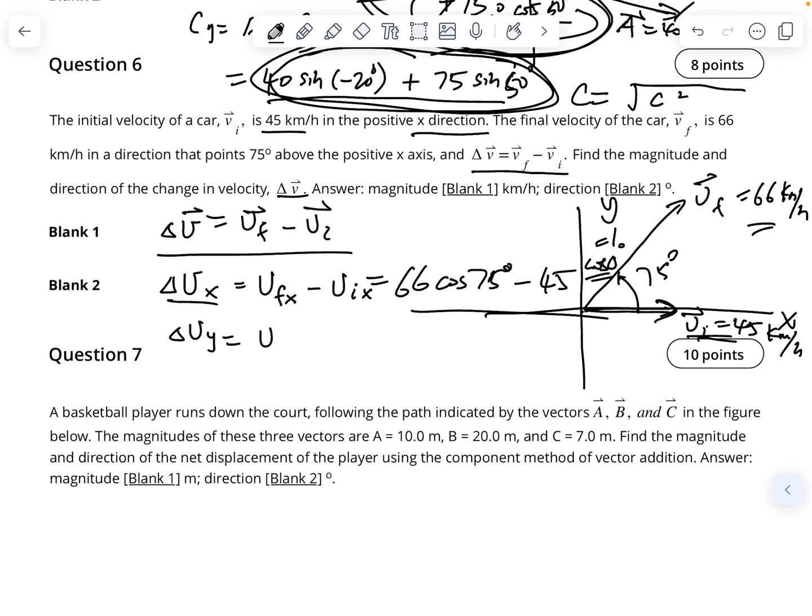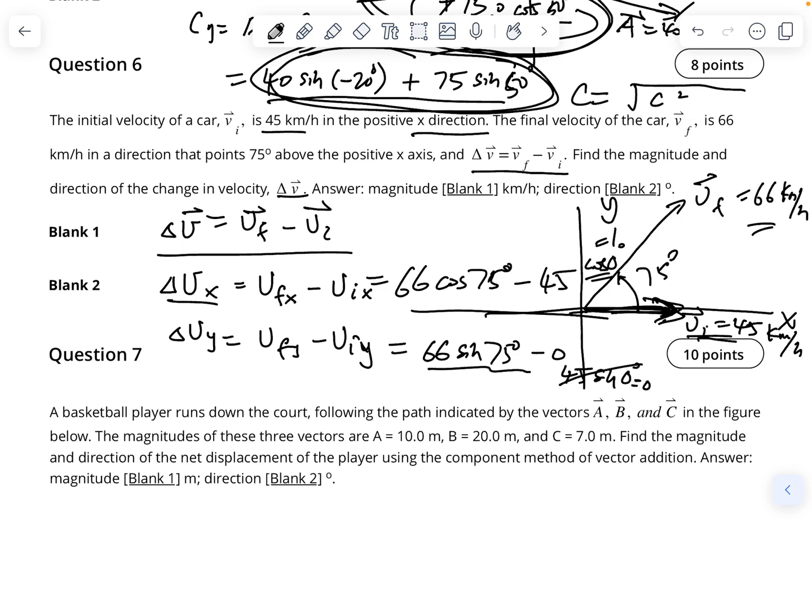Delta Vy equal to VFY minus VIY. VFY is 66 sine 75. And the initial velocity has no y component, right? Minus 0. Or you can see it's 45 sine 0. Sine 0 is 0, so this guy's gone.